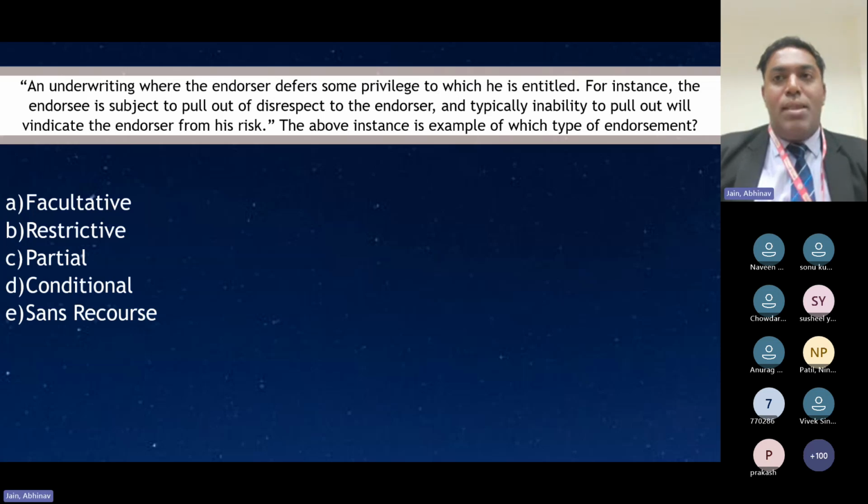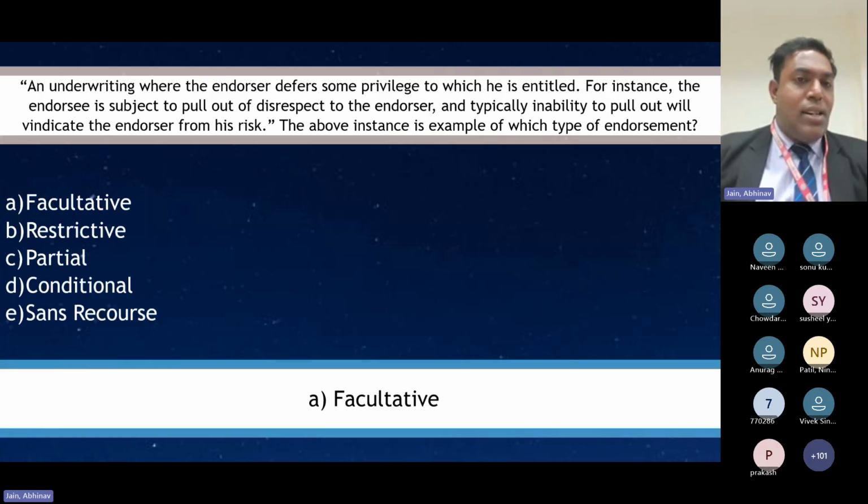Basically, do remember this: you have some privilege, but you are leaving it. The endorser has some privilege and is not exercising it. Such endorsements are called facultative endorsement, not conditional endorsement. Somebody has posted conditional. No, it is not a conditional endorsement. It is a facultative endorsement.